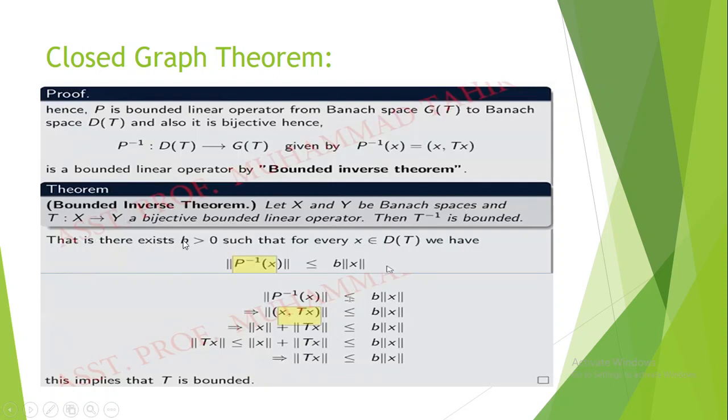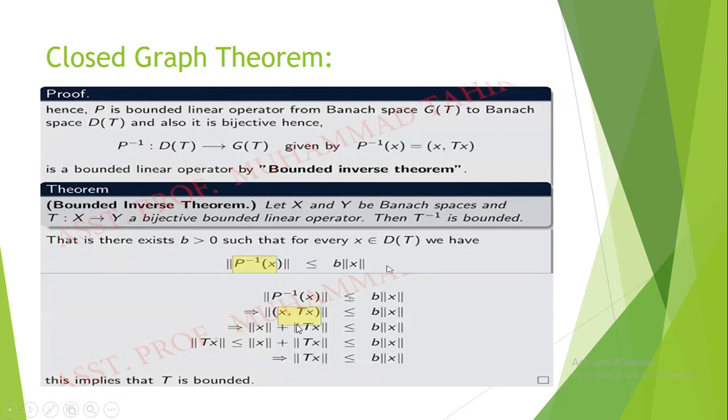That is, there exists a positive number b such that for every x belonging to the domain of T, the norm of P inverse of x is less than or equal to b times the norm of x. So now, what is P inverse of x? We defined it here. From here we can write this. So the norm of this ordered pair is norm of x plus norm of Tx.